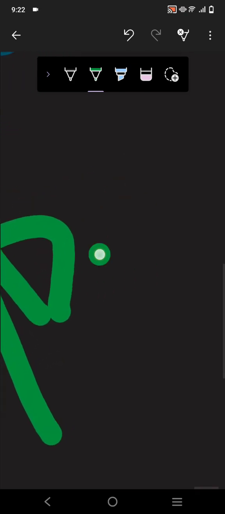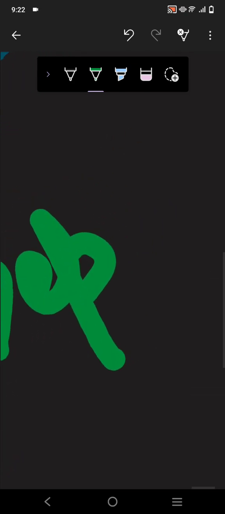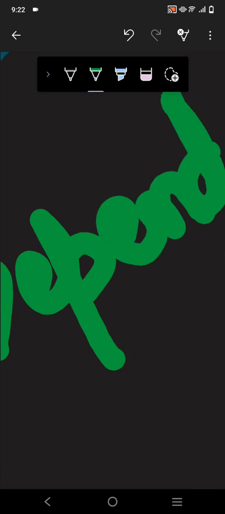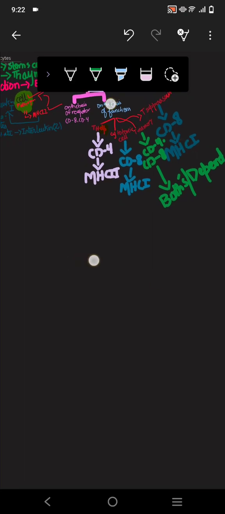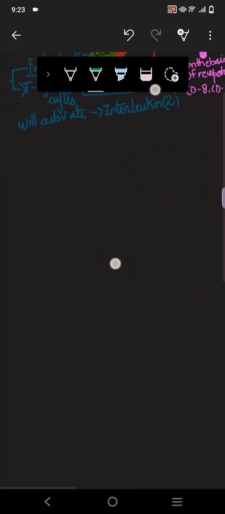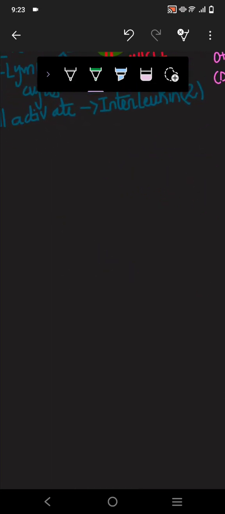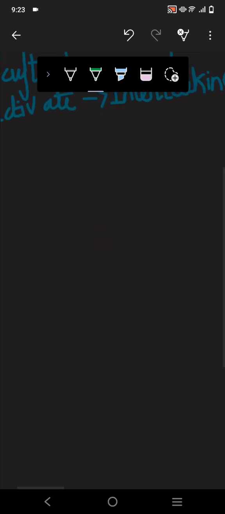Now we will talk about how the CD4 receptors work. As I told you, the CD4 receptor works with the T cells.